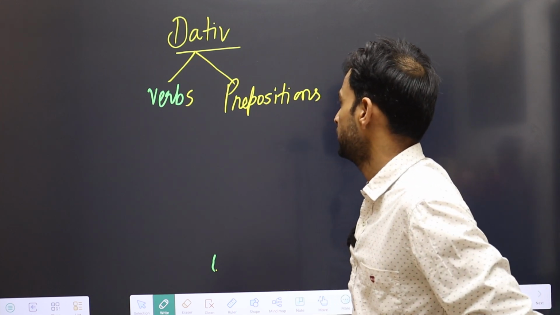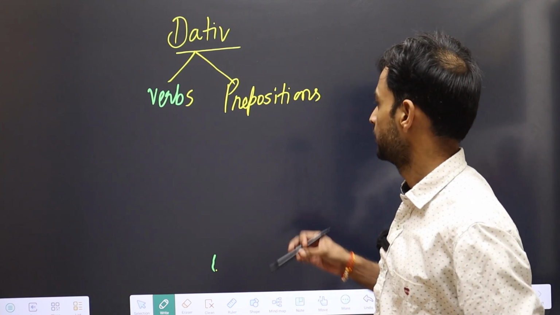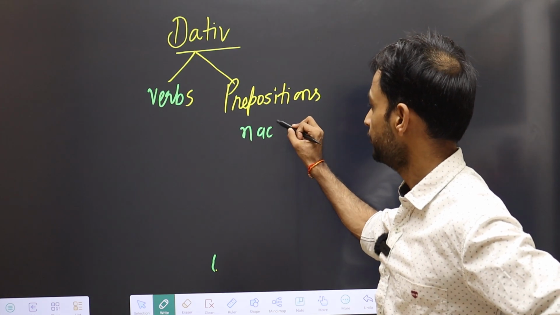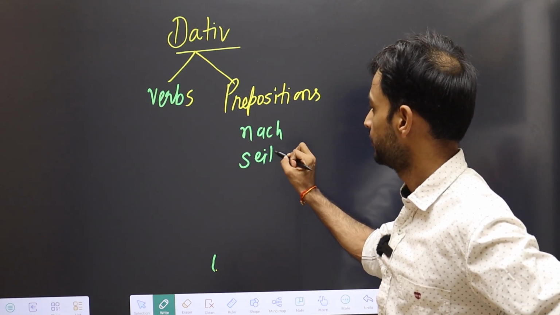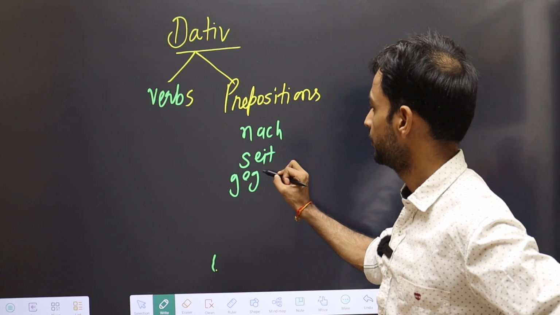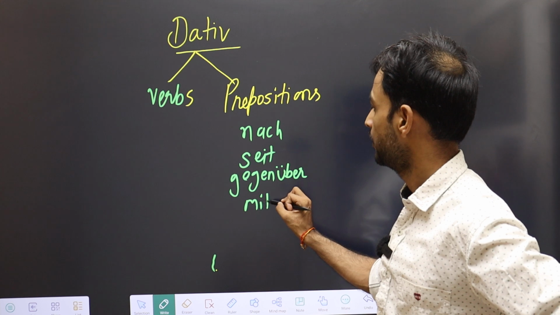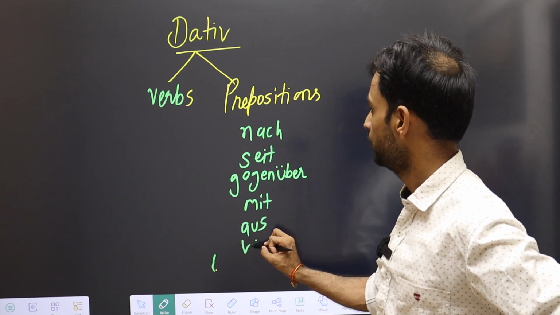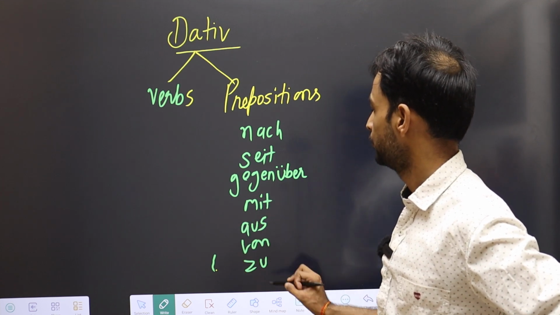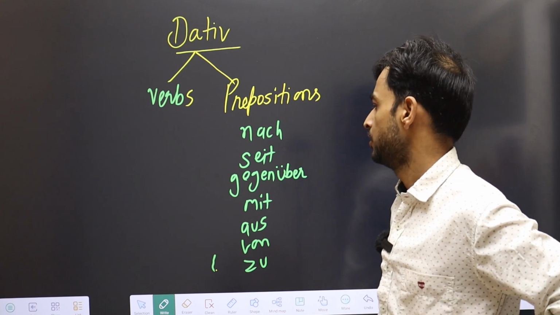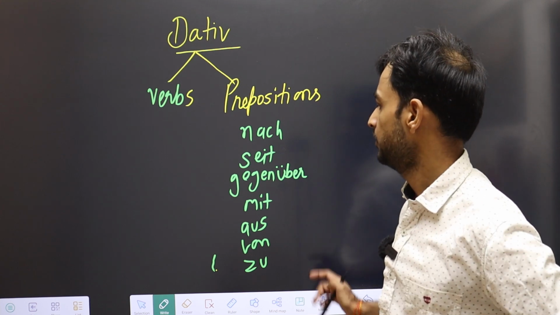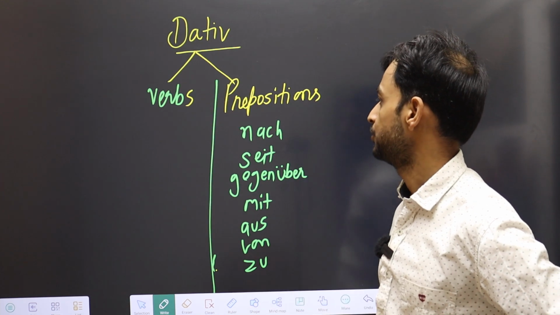So I am trying to write the prepositions here: nach, seit, gegenüber, mit, aus, von, zu. There might be one or two more, but these are primarily the main dative prepositions.